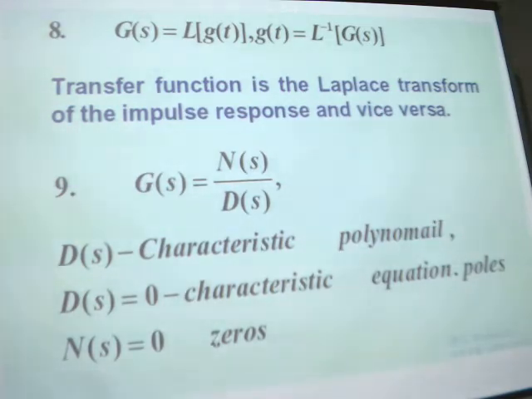N(s) is the characteristic polynomial, and D(s) is the characteristic equation. The roots of D(s) equal to 0 are the poles, and if N(s) equals 0, the roots of N(s) are called zeros.